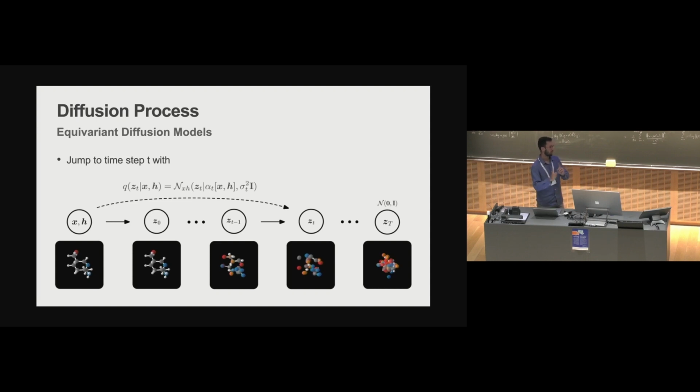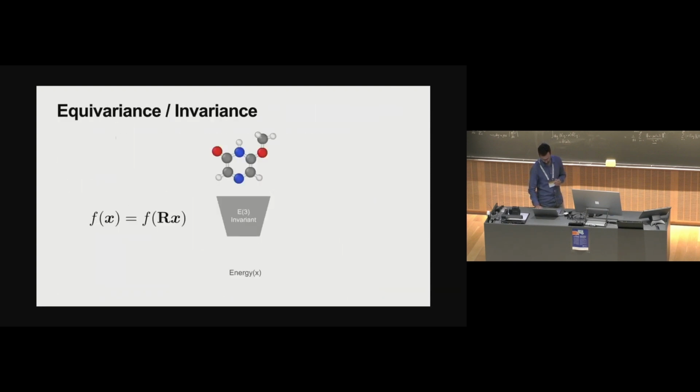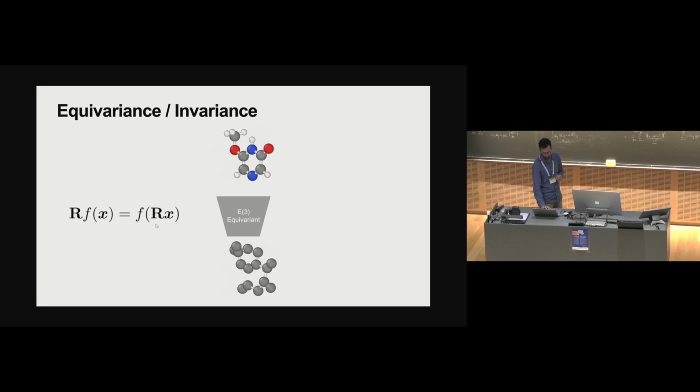Those forces are a set of vectors on every node, pushing the node in a direction. So if you rotate the molecule at the input, by just applying a rotation matrix to it, you want the forces at the output of this function to rotate in exactly the same way. Let me see the equation here. So here you see that you can have this rotation matrix.